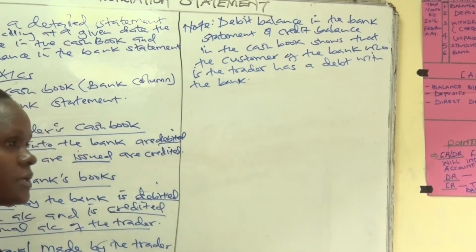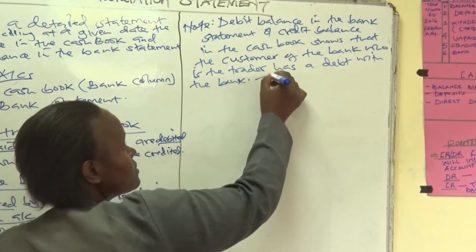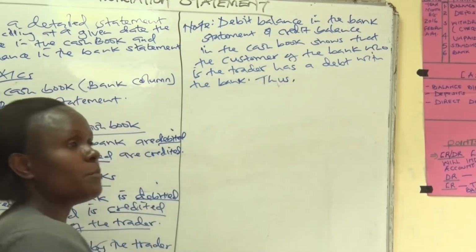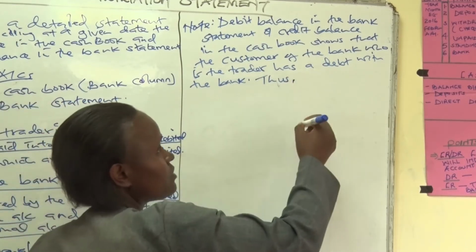So when the trader has a debt to the bank, we mean he has overdrawn the account. So there is an overdraft. Thus, the owner of the account has an overdraft.